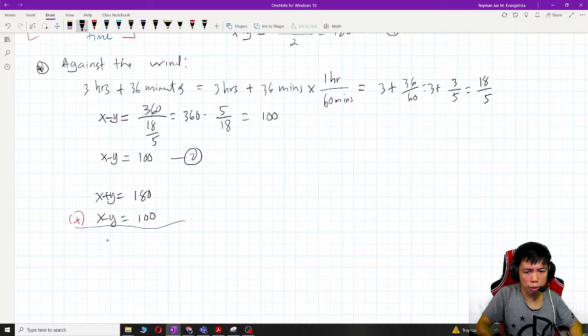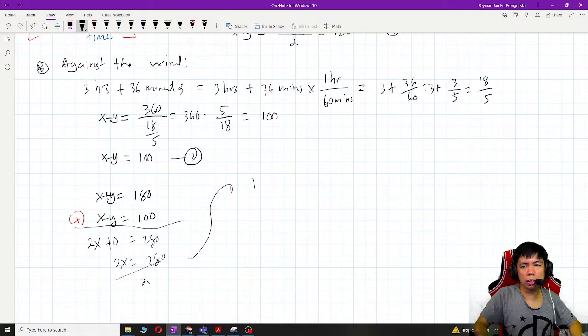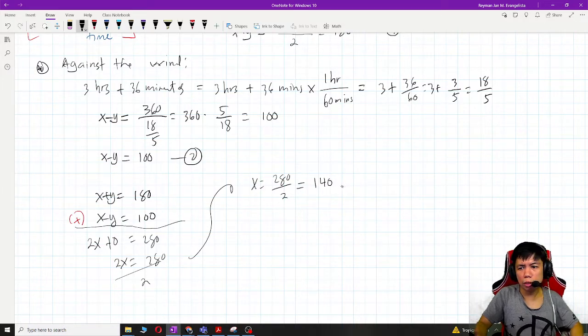So x plus x is 2x and then y plus negative y is 0. Then 180 plus 100 is 280. Meron ka na lang 2x is equal to 280. Then divide both sides, so x is equal to 280 over 2, that will be 140. The unit is miles per hour.